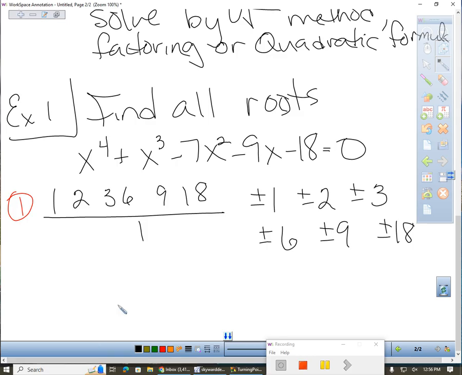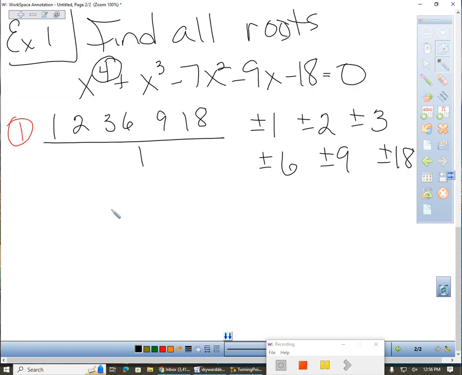From those 12, my highest exponent is a 4. So I take 4 minus 2, and I have to find 2. So from that list of 12, I got to find 2. The easiest way to find those 2 is to go ahead and graph it. So everybody go ahead, grab your graphing calculator.